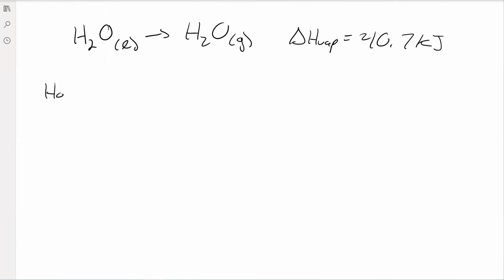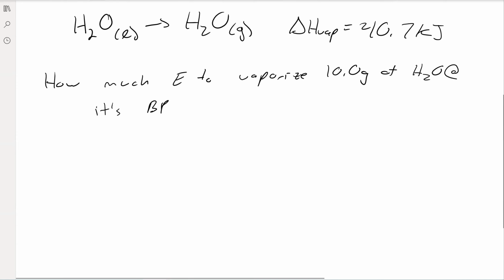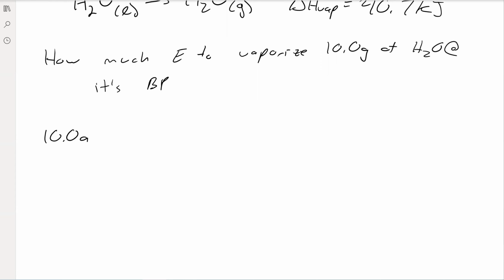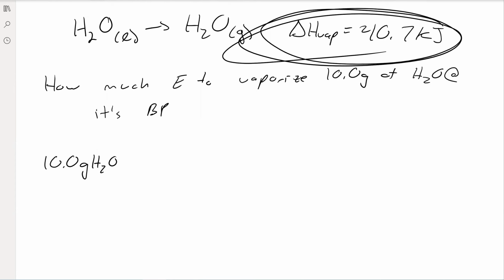And so, of course, we can do math-based questions on this. How much energy to vaporize 10.0 grams of water at its boiling point? So we would start off with the 10.0 grams of water. We know that our delta H of vaporization is talking about per mole.